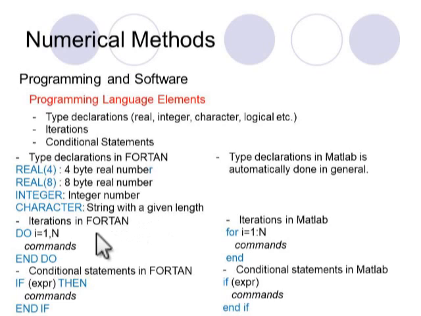Okay, how about the iterations? You say do I equals 1 to n. N can be any number, and it should be an integer. N has to be an integer in Fortran. Then you say 10, so do this thing. Then you put the command.